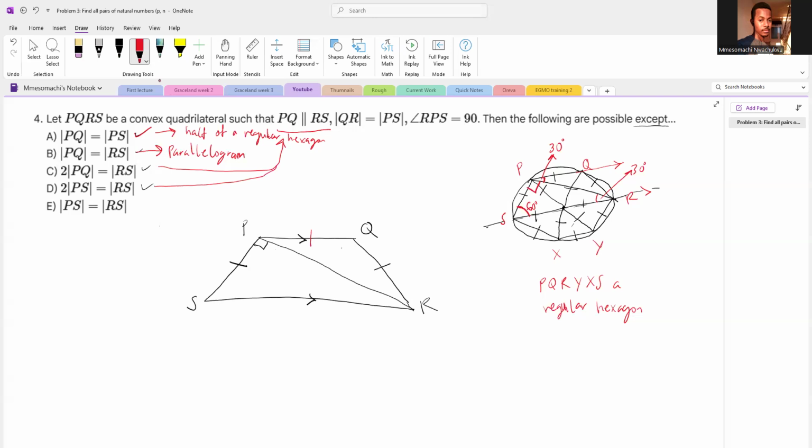So to see the case of a parallelogram, we can construct something.